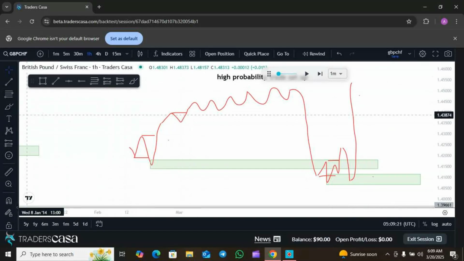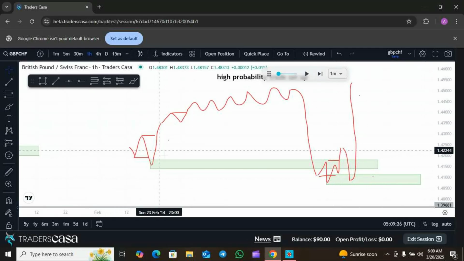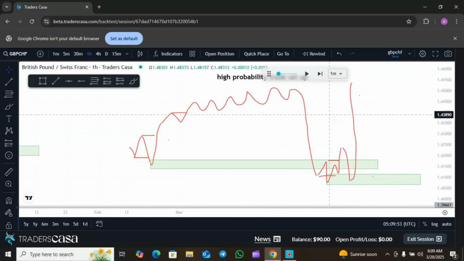So this is as simple as ABCD, and this is always what occurs when you have a high probability trade setup and the price takes a longer time to come to that POI. But once price ever comes to the POI, it will raid this POI, give you another trade setup to enter before it can ride upward.